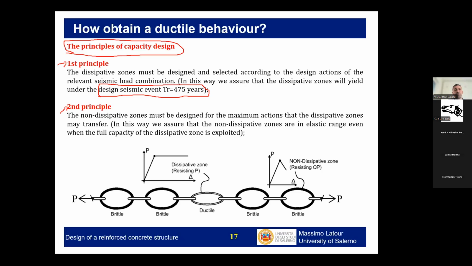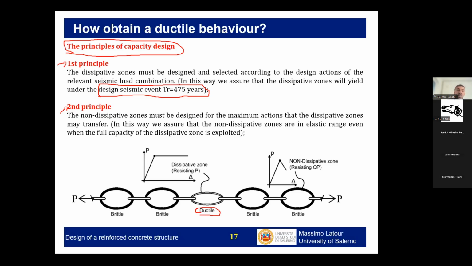So what is the region of the structure which I want to be my ductile element? So if I'm talking of a moment resisting frame, as I said, it can be ideally the beam, the column, or a joint. But I have to consider that to promote a failure mode of the global type, I have possibly to concentrate damage in the beams.